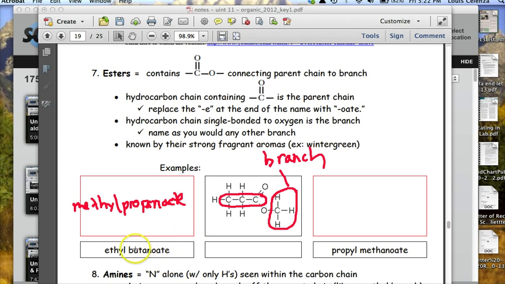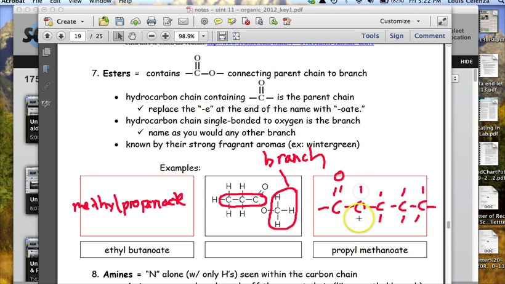This is the parent chain. So the parent chain here is simply just one carbon. That is here. You have this. It's attached to an oxygen. And this oxygen is attached to prop, which is three carbons. So it's 1, 2, 3. Let's make sure that every carbon has 4 bonds.